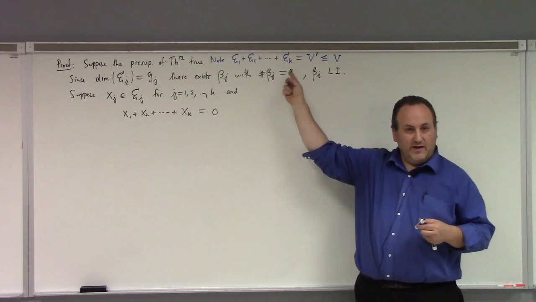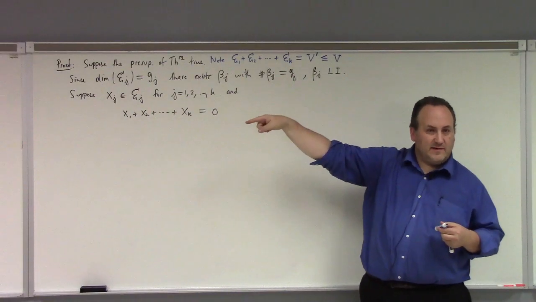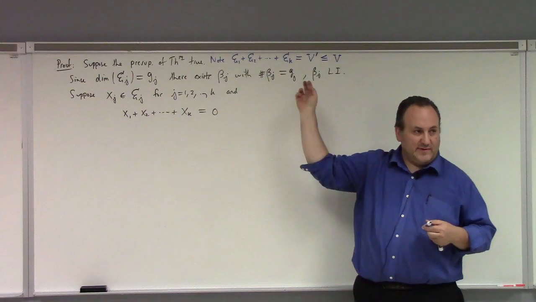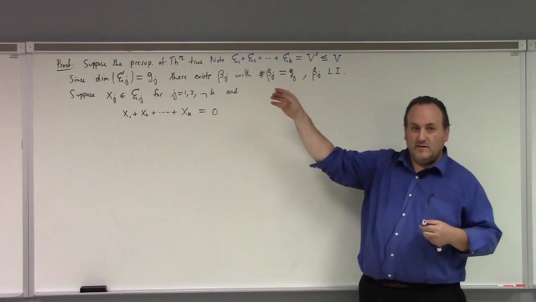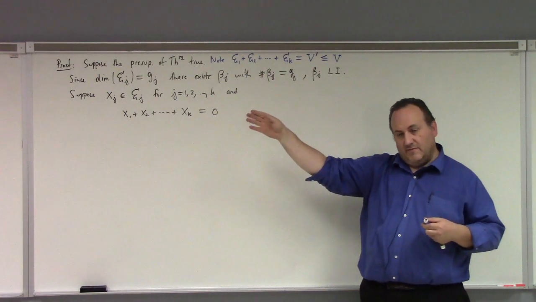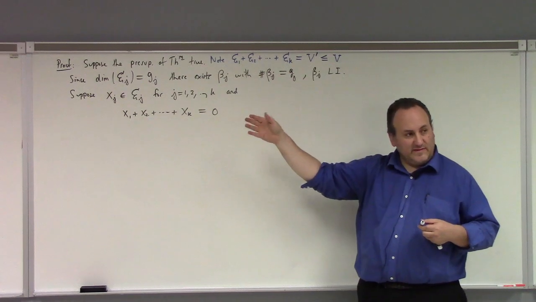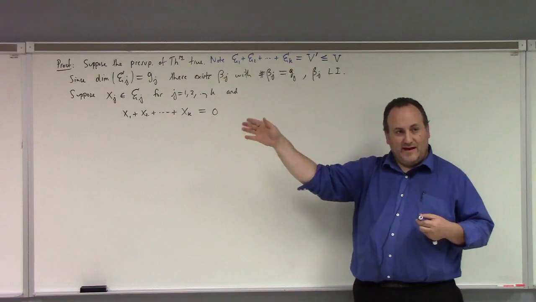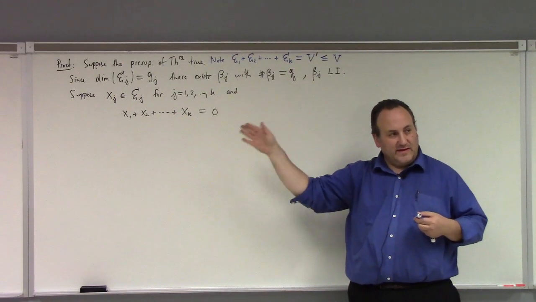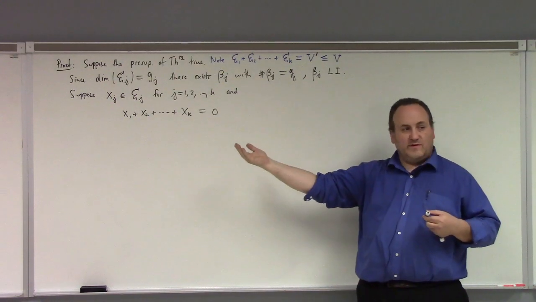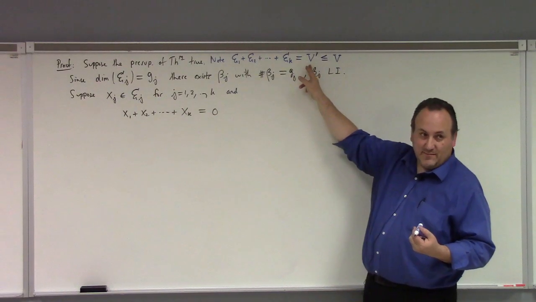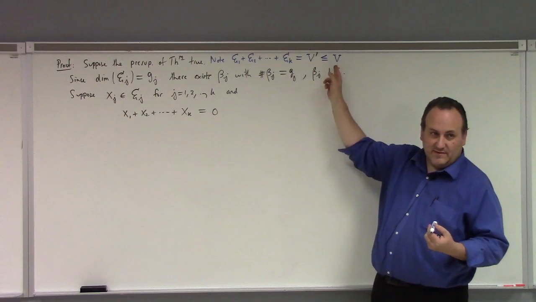But then we can use counting, because the dimension of the direct sum is the sum of the dimensions of the independent subspaces, because the basis is formed by the union of the subbases for each of the subspaces. If the sum of the dimensions, found by adding together the number of vectors in each basis, works out to n, then this subspace V prime, which is dimension n, must in fact be all of V, because the dimension of V is assumed to be n.